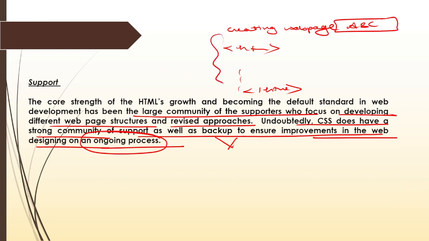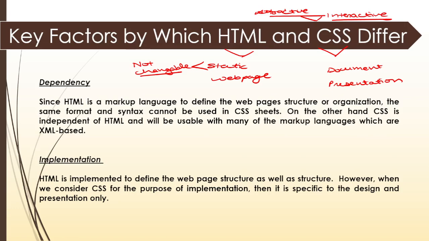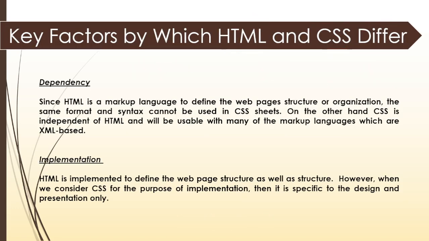So in this example, this is an ongoing process. Whenever we are using cascading style sheets, we can change the designing many times. We can change the color, we can change the font size, etc. on any ongoing process also, right?